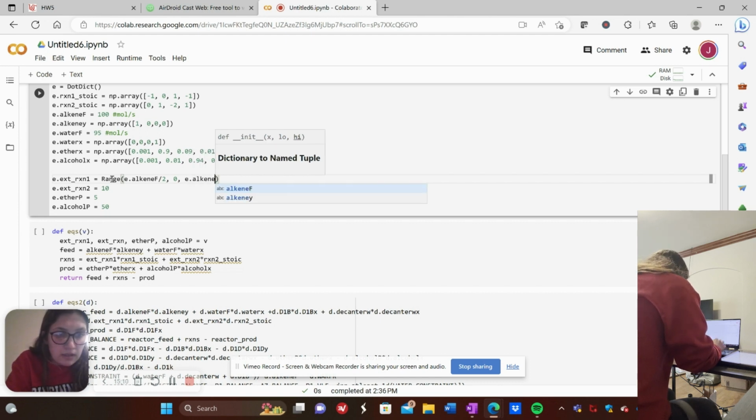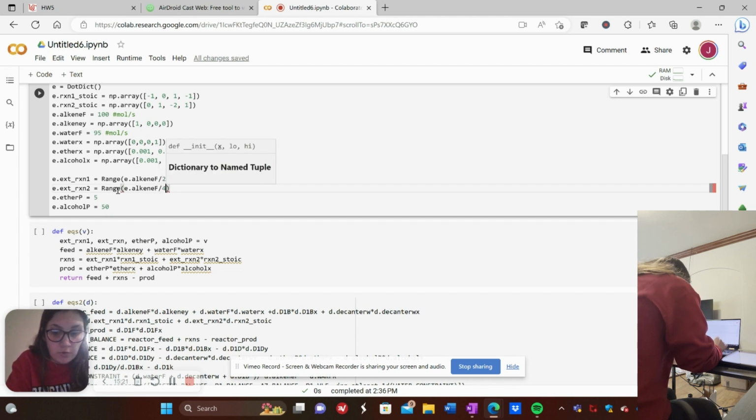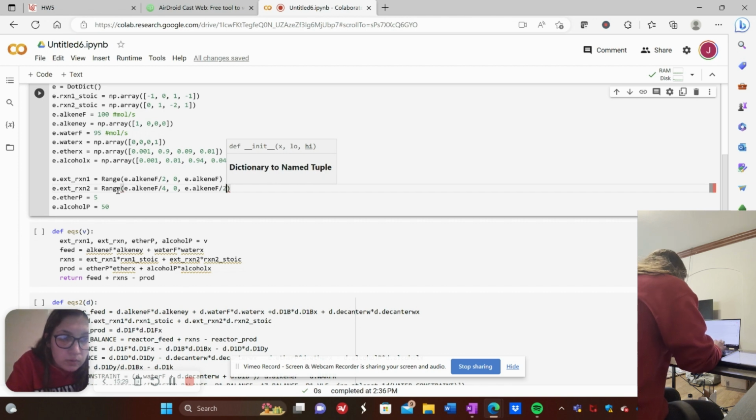For our extent of reaction 2, we're going to do E dot alkene F divided by 4, with our lower bound being 0 and our upper bound being E dot alkene F divided by 2. For our ether product and alcohol product, we are going to keep what our guesses were and just add some bounds.